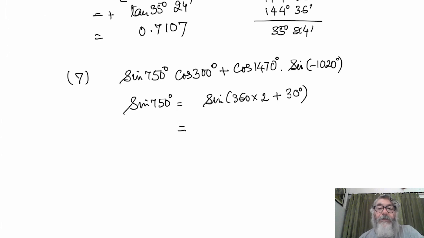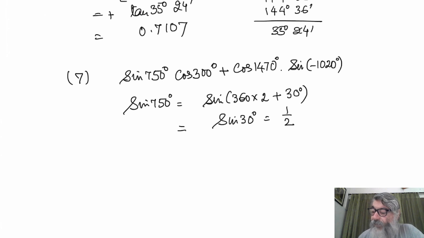That is why there will be no change. It will remain sine 30 only. You know the value of sine 30? Sine 30 is 1 upon 2. These are standard values, like 0, 30, 45, 60 and 90. In the table you will find 0.50.